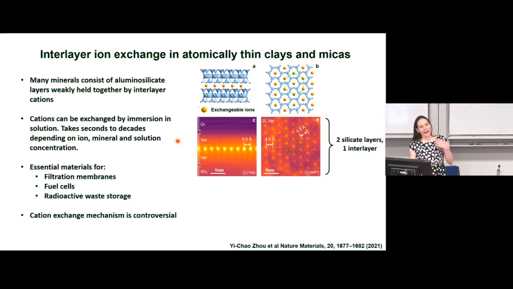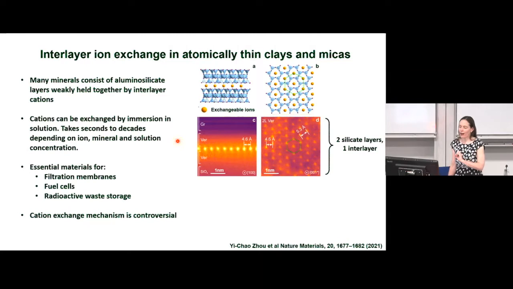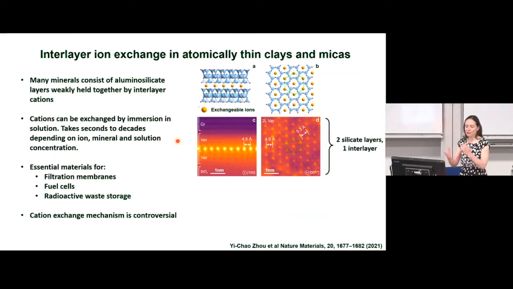Now, I didn't know whether the audience would all be aware of this, so I'm going to start by introducing the materials that we're studying. These are clays and micas. Clays and micas are two-dimensional materials, but you're probably more familiar with them as something that you would find on a walk in the countryside, up a mountain, in your garden. So they're a big component of soils.